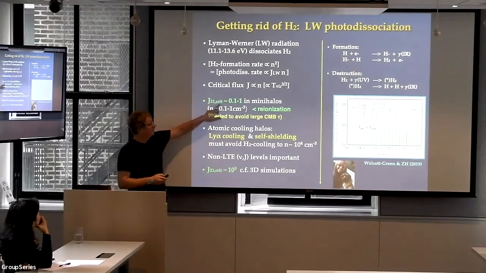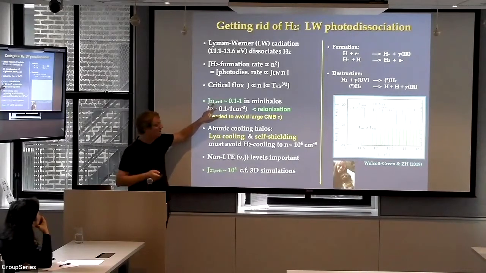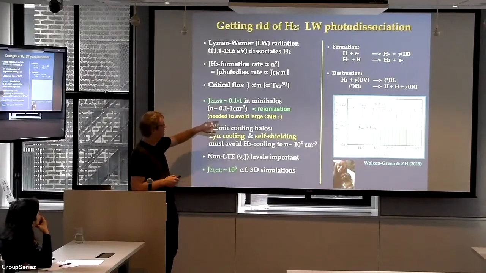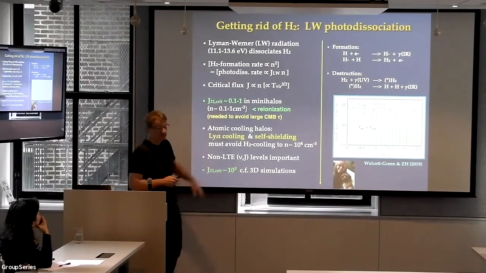And then at a given density, you can ask how large the flux needs to be to prevent molecule formation. Is that clear? So that's a chemistry calculation.